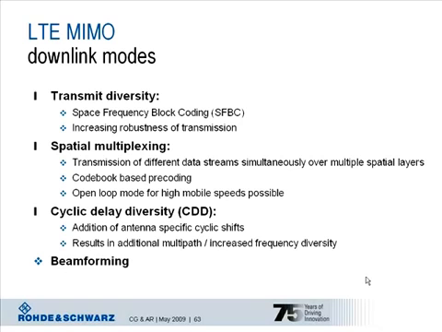Achieving the high data rates in LTE is possible by using the spatial multiplexing MIMO mode. Again, this allows transmission of different data streams simultaneously over multiple spatial layers. And to further improve the performance of this MIMO mode, a so-called codebook-based precoding approach is applied.